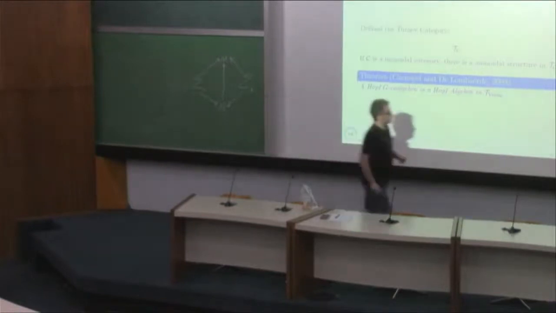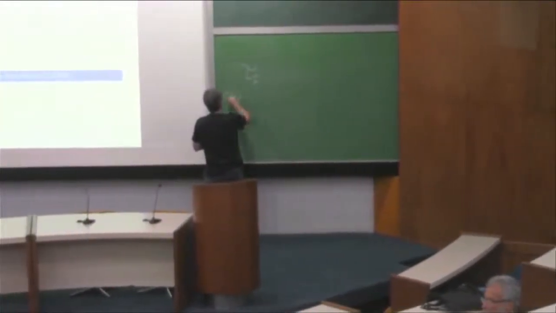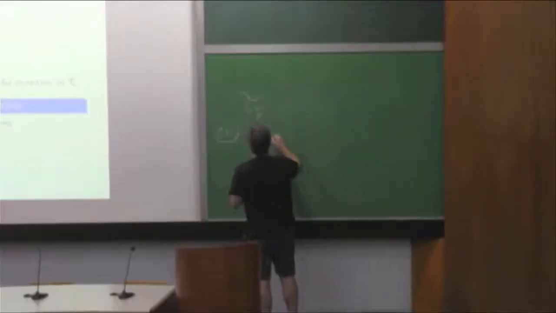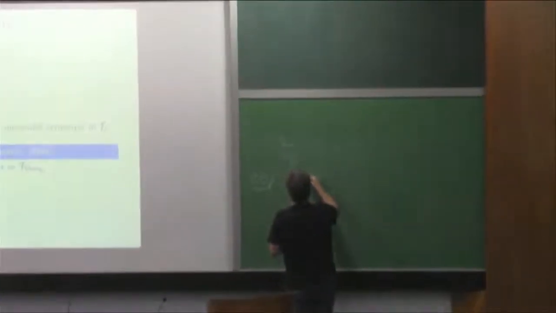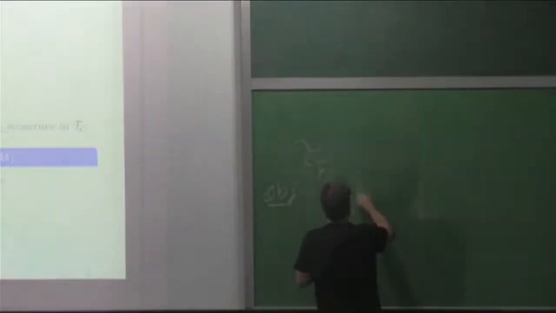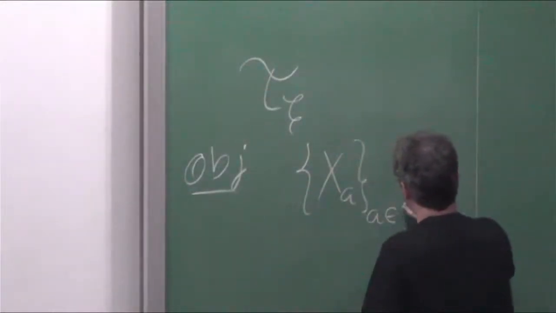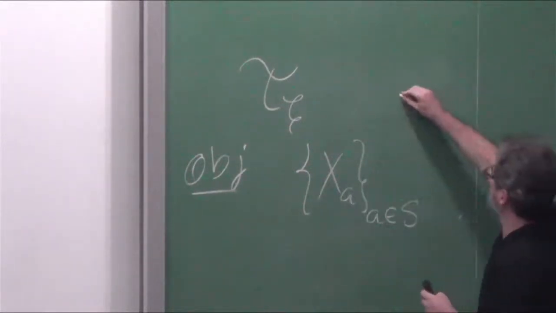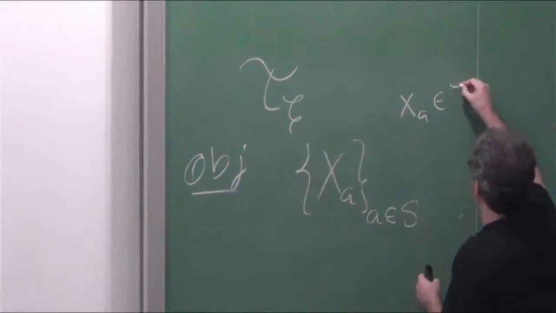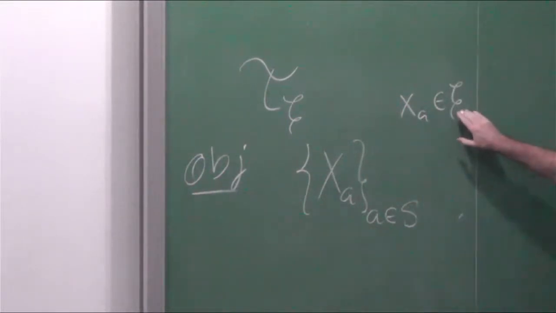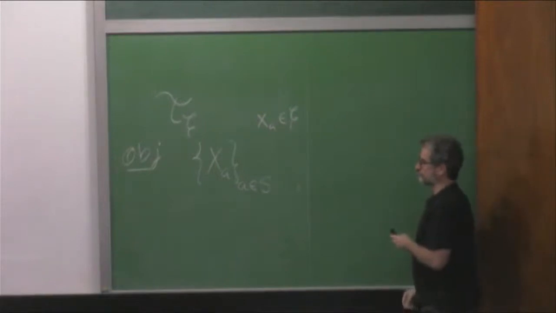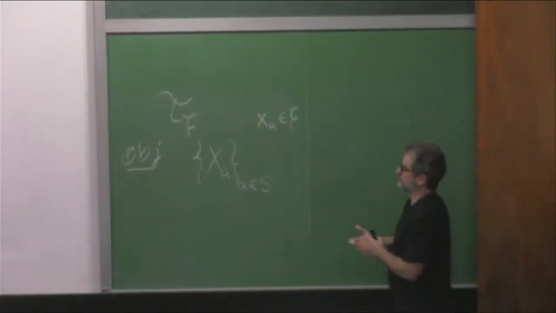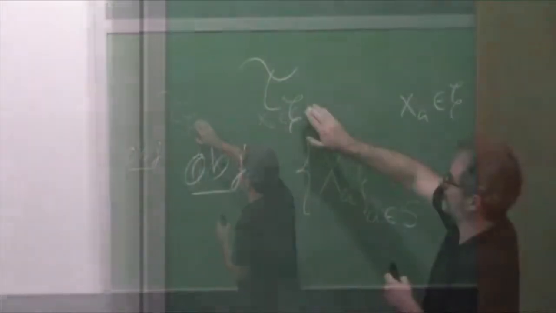The objects in TC are just families X_A, where S is just a set, and X_A is an element in your category C. Actually, they did this for the category of vector spaces, but you can do it for any monoidal category. It doesn't have to be symmetric.